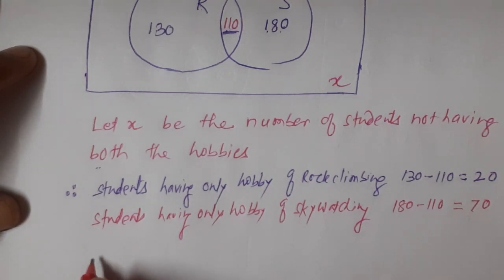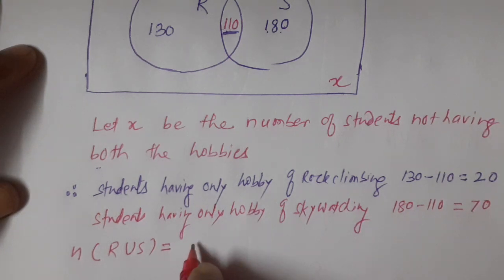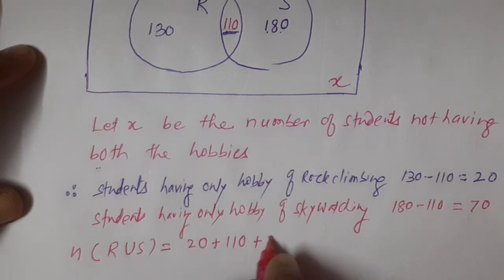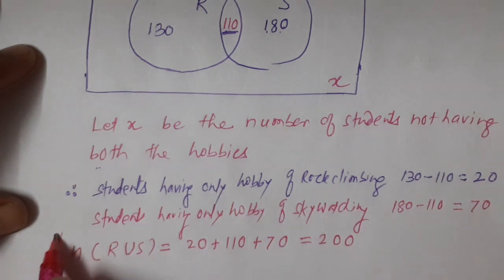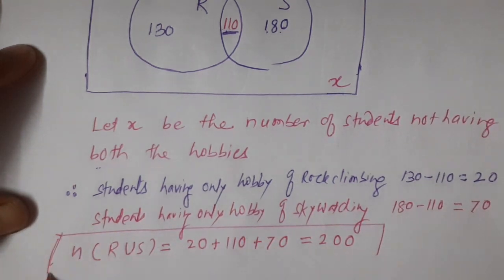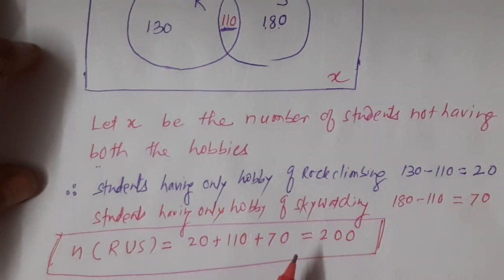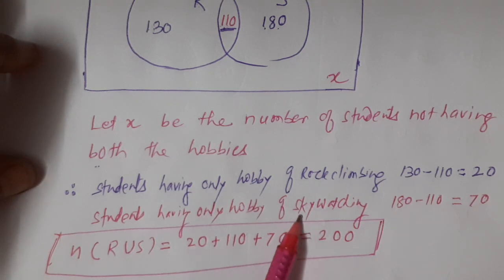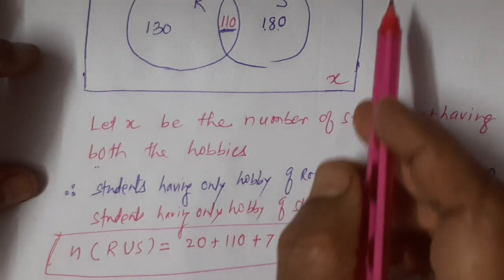Okay, so when I calculate the total number of students, that is R union S, it can be calculated as 20 plus 110 plus 70, which comes out to be 200. So it shows that 200 students have the hobby of rock climbing, sky watching, and both. Okay, but you know that our universal set comprises what?